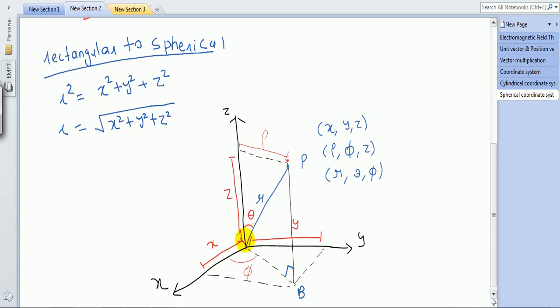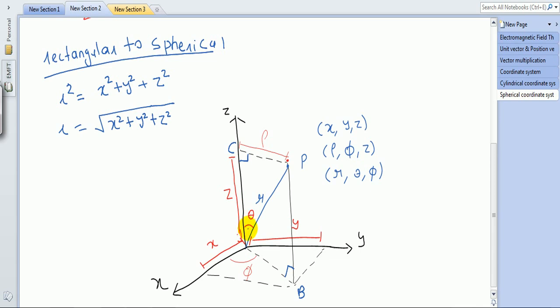Now if you consider this triangle OP, suppose this point is C. If you consider OPC, then this is the 90 degree angle, and if I project this line r on this, it will be r cos theta, that is z will be r cos theta. We will use this z equals r cos theta to find theta.